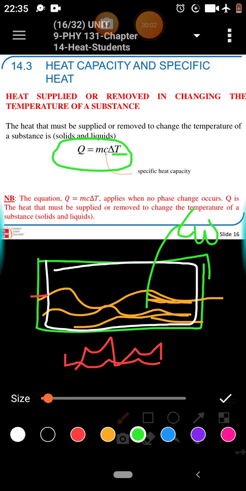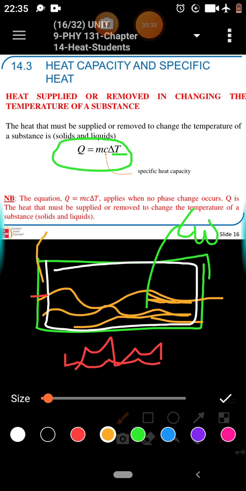Now sometimes we have hot water and want to know the energy transfer to the pot. Let's say you pour hot water into a cold pot, and then you want to know the amount of energy that would be transferred into that pot.